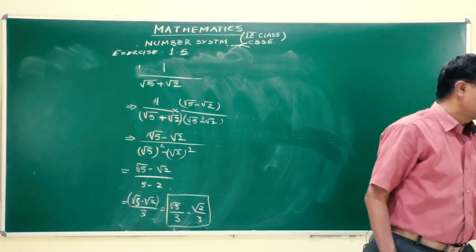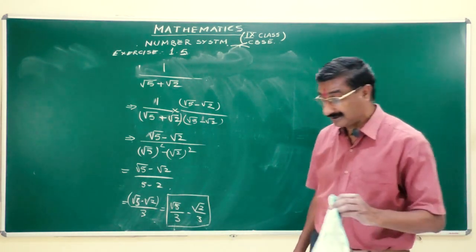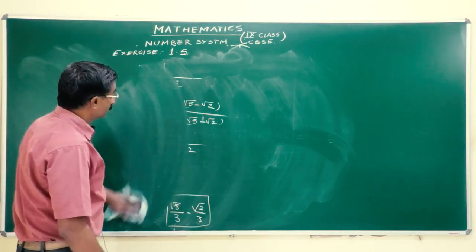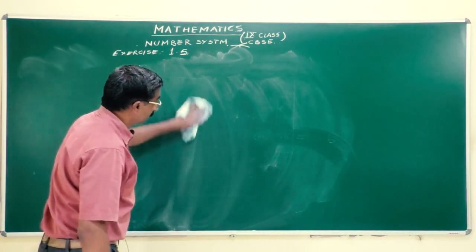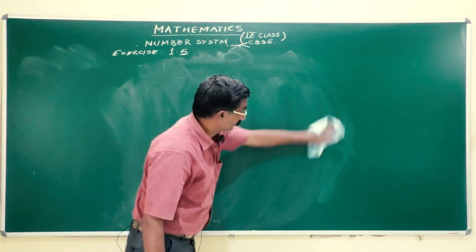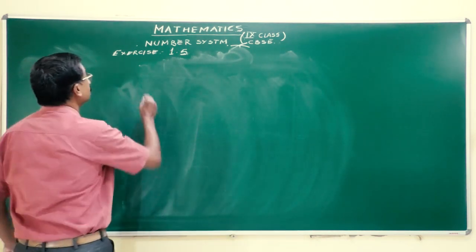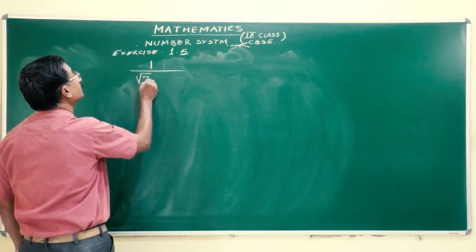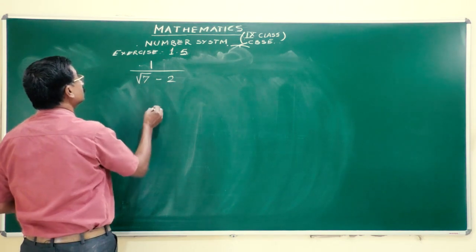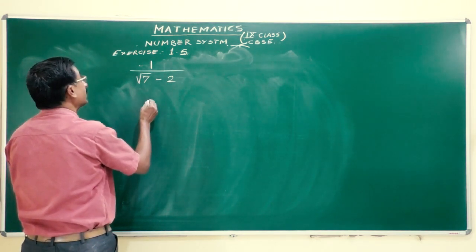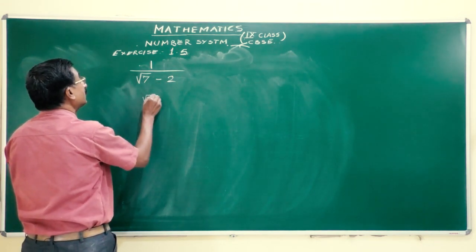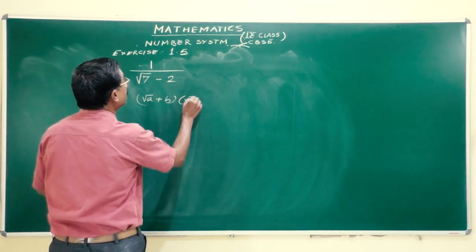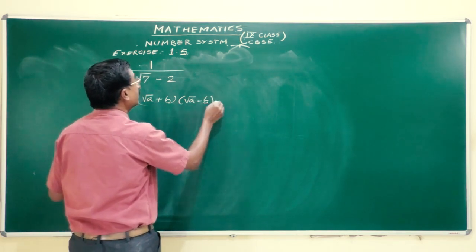The last one, that is 1 upon under root 7 minus 2. Okay, under root a plus b into under root a minus b.